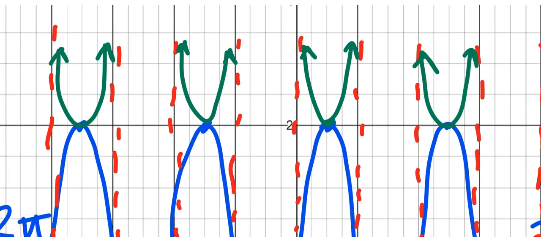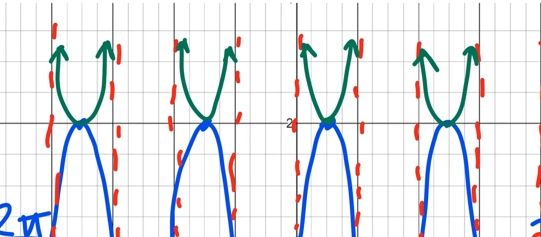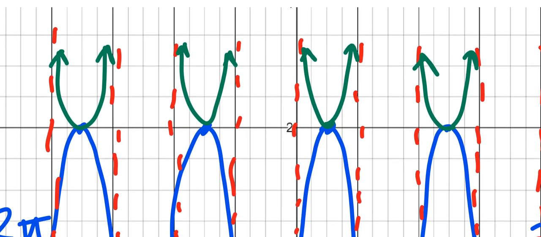Yeah, they keep going out forever and ever and ever, and they never have what? Parabolas never have asymptotes. I mean, we got lots of red dashes for these. That's why I call these green things fake parabolas. Because, yeah, they kind of remind me of that parabolic shape, but that's not what they are.